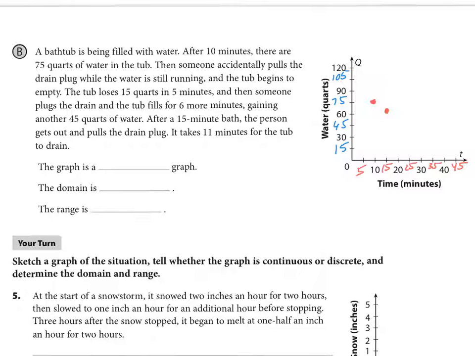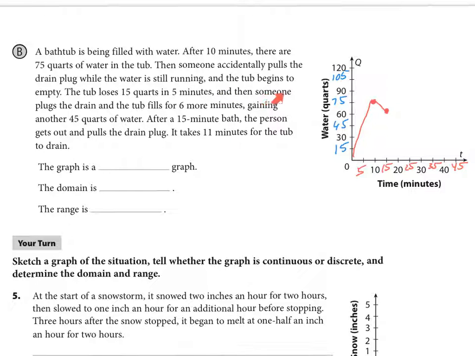Water is always going in. It just goes in from here up to here. Then what happened? Water started going out of the tub, so it starts going down. So here, it's gaining water, and then it said we lose water. Terminology again, positive, negative slope.